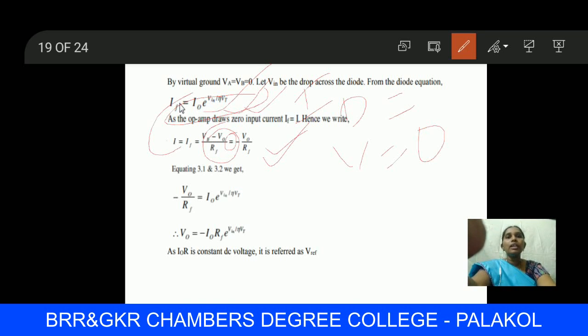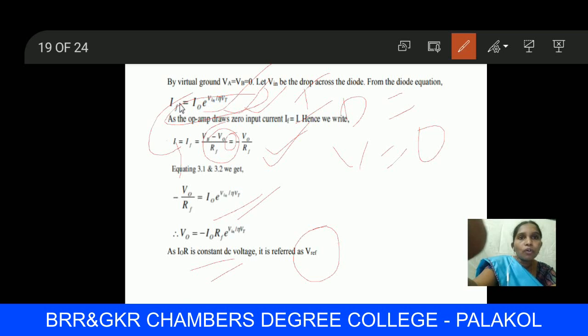Equating these two equations, we get V naught is equal to minus I naught R e power V in divided by eta into Vt. Here I naught R is constant for DC voltage. It is referred to as V reference.